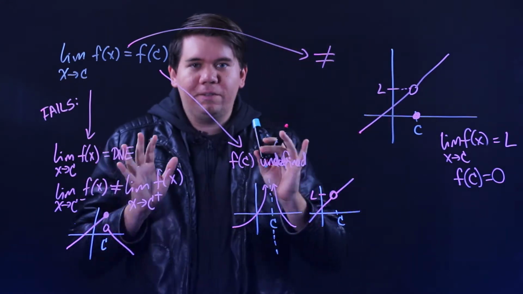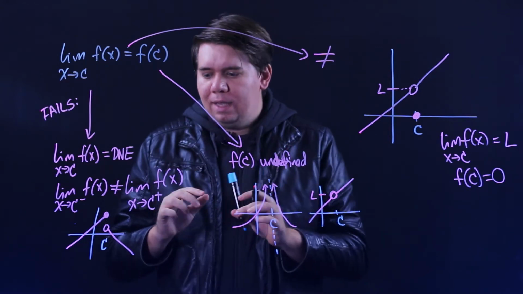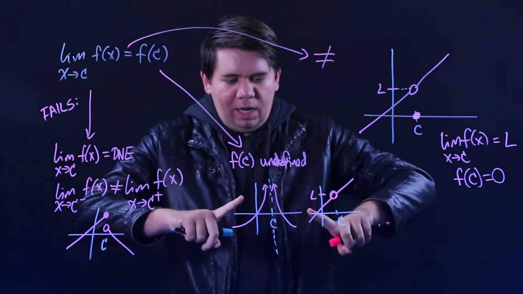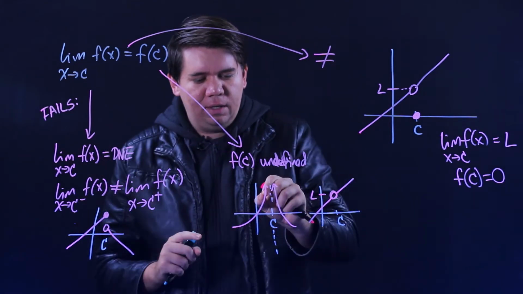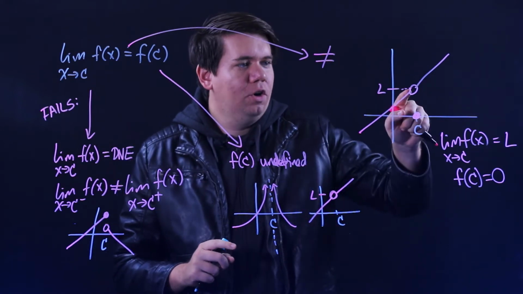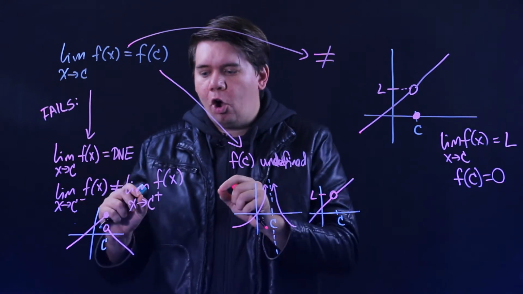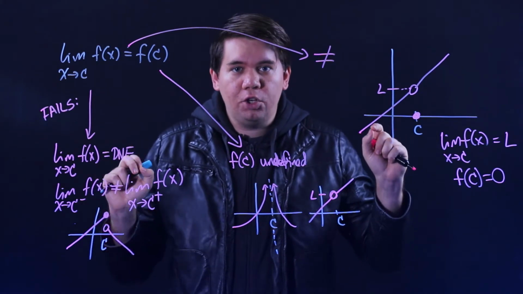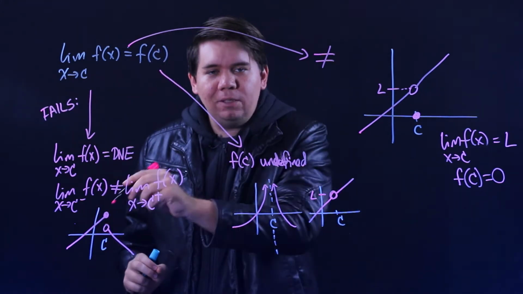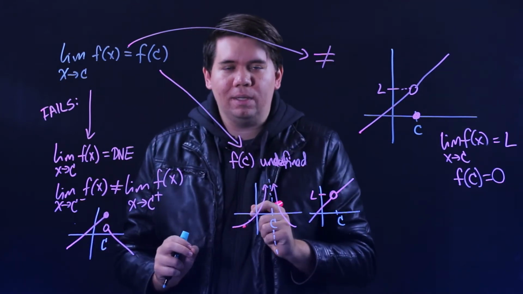But notice all of these failings have to do with breaks in the graph. That is, in this graph, there was a jump here. In this graph, the lines didn't meet up. There was this asymptote, so there was a break in the graph, or a hole in the graph, or a hole that was displaced somewhere else. We call these breaks discontinuities. They're places where you have to pick up your pencil when you're drawing the graph. It's not a continuous movement.